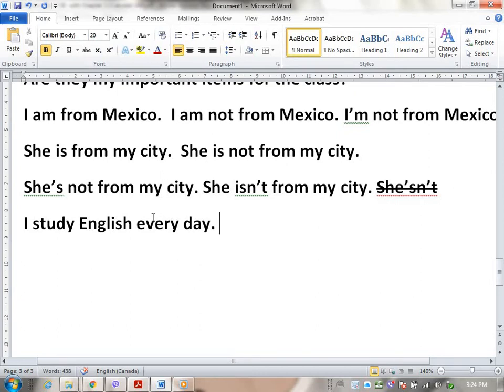Because here I cannot make it negative because I don't have am, is, or are. Then here I have to look for two other auxiliaries. We call them do and does for the present time, and also did for the past.